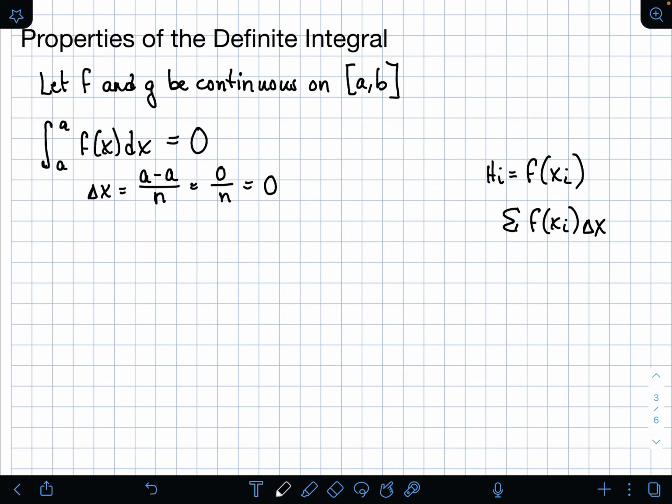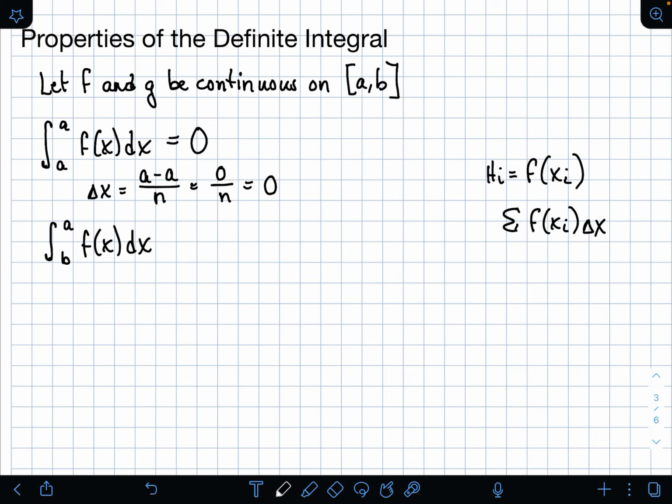So f of x sub i could be negative if the output value is negative, but delta x could also be negative if we integrate not starting at the left and working towards the right, but starting at the right and working towards the left. Which is exactly what this next property deals with.